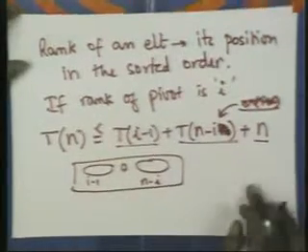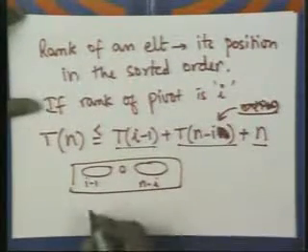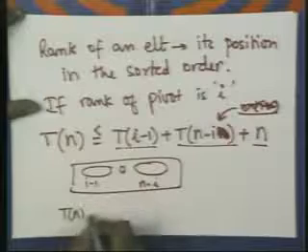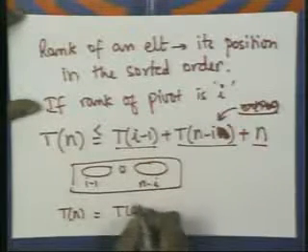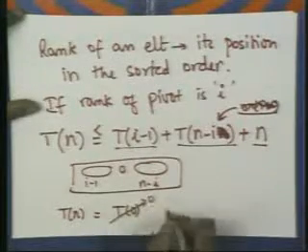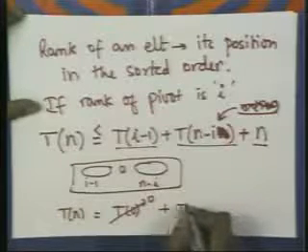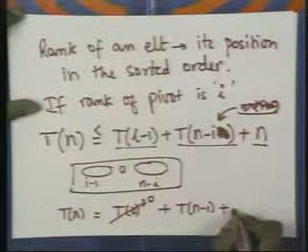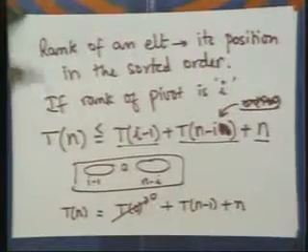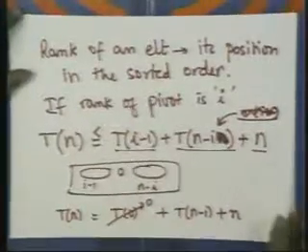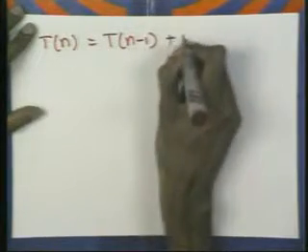So if I had chosen the minimum element, then T of n is T of 0, which is 0, plus T of n minus 1 plus n. If I kept picking the minimum element as the pivot, what is this time? T of n is T of n minus 1 plus n.